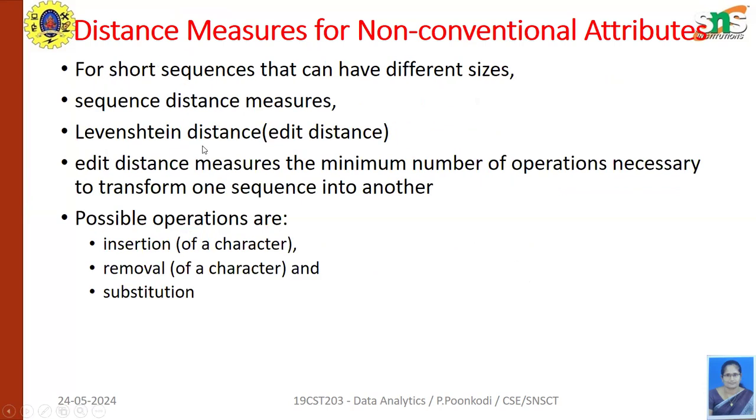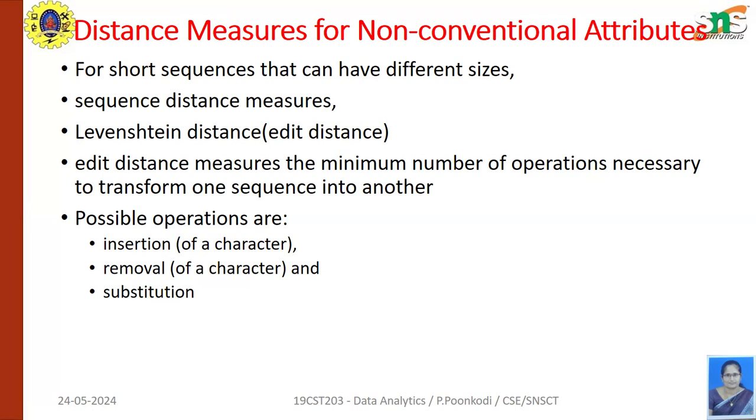And it will be used for short sequences that can have a different size. Then the distance between the sequences also gets measured. For measuring that distance, it will use the edit distance. The edit distance is also called the Levenshtein distance.